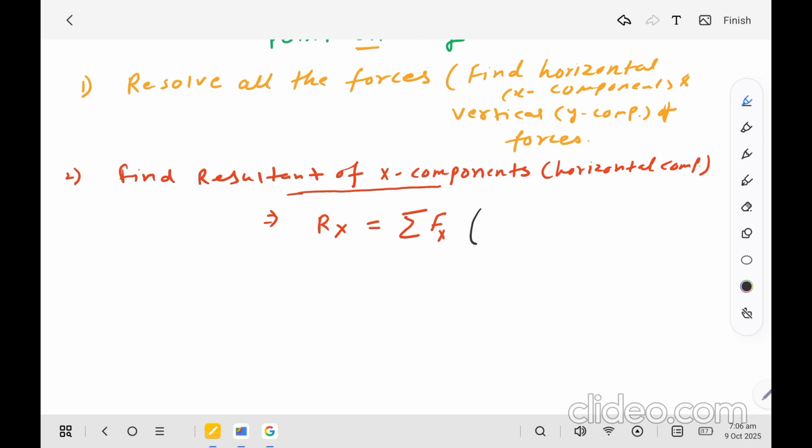Resultant of x component Rx equal to algebraic sum of all these components along the x-axis.